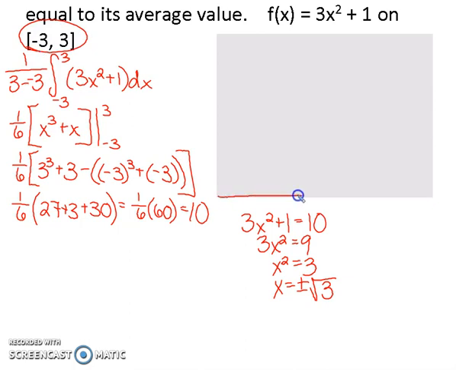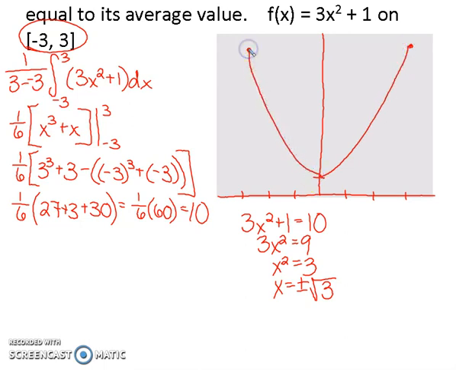So let me real quick just kind of sketch my picture here. And that should go all the way up to 28. So that's what the picture looks like on your paper from -3 to +3 at 3x squared plus 1.